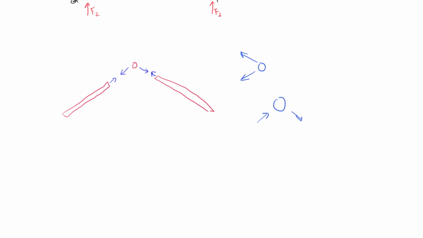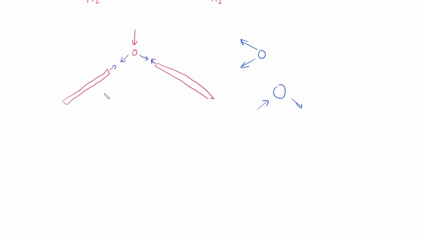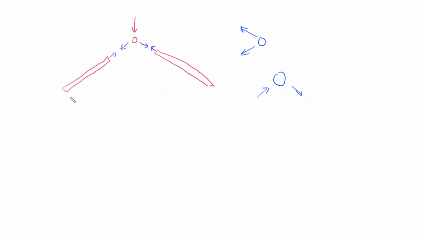Now, if we applied a force in this direction, then we don't really know if these 2 members are actually 0 force members. So to sum up this idea, if you have 2 force members acting at angles with each other, so there's an angle here, something like that, and there are no applied forces acting upon them, then you can say that these are 0 force members.